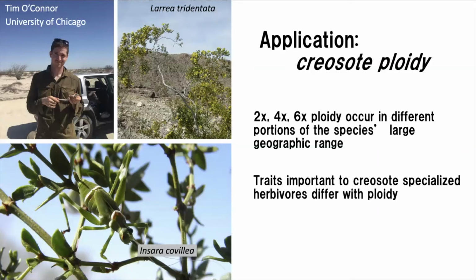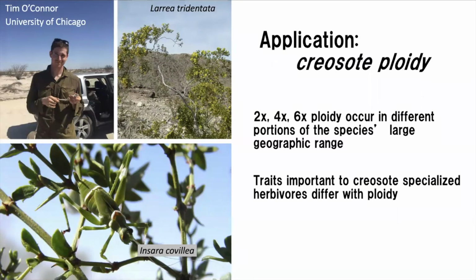So creosotes are diploid, tetraploid, and hexaploid, depending upon what portion of the geographic range you're in. And creosote is known for having these really specialized herbivore insects, and that's in large part due to the chemical defenses that they have.